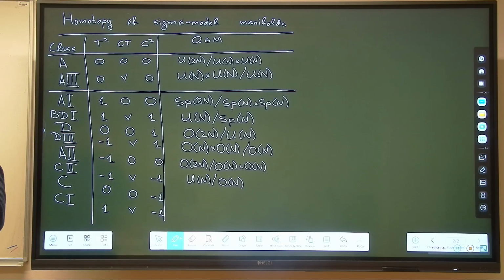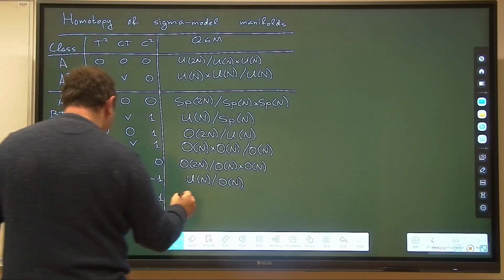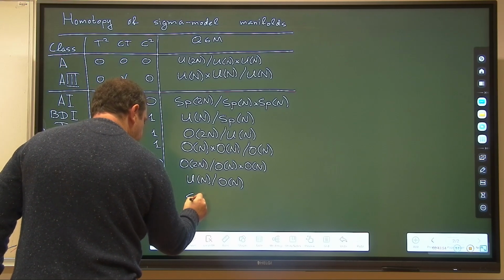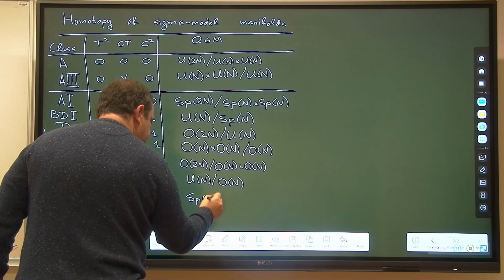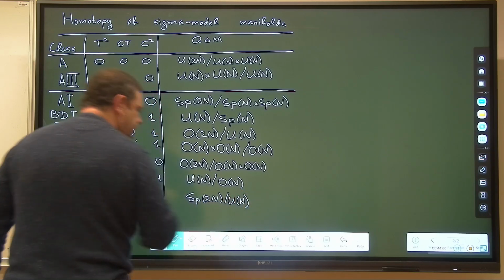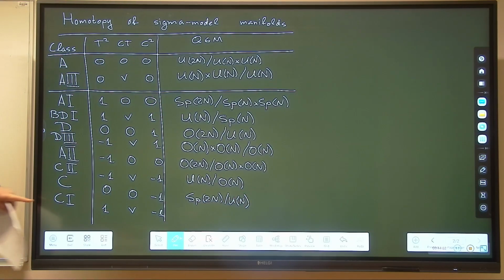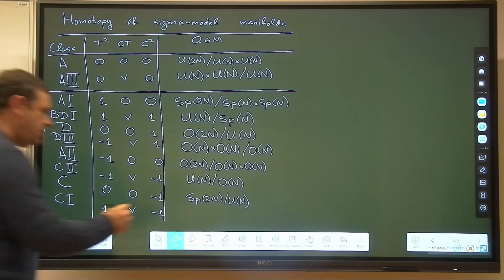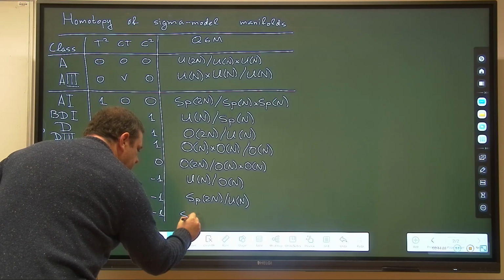What is missing here? I believe it's Sp divided by U. And finally class C1, that I remember, it's just a symplectic group. It's just Sp(n).